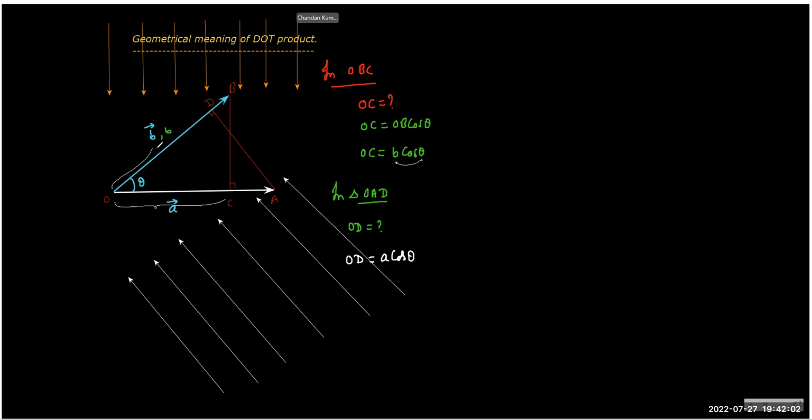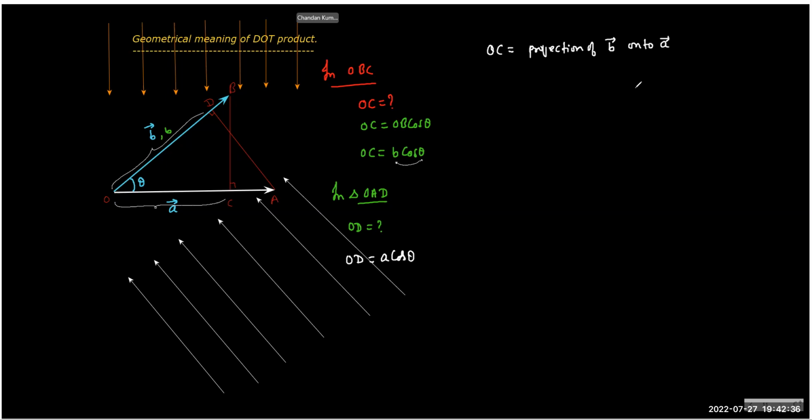So OD is called projection of A onto vector B. So what is OC? Projection of vector B on vector A. Correct. Projection of B vector onto A vector, the shadow part.